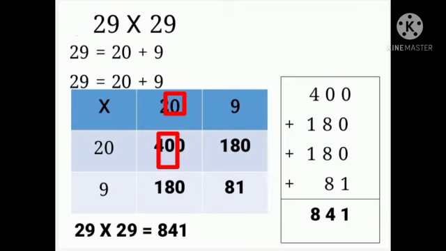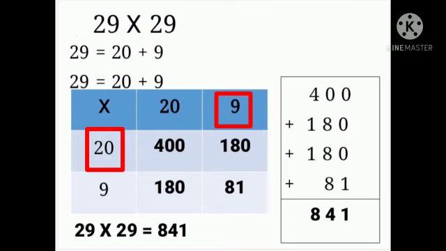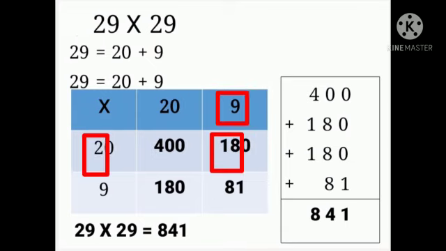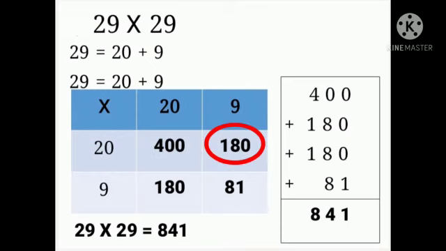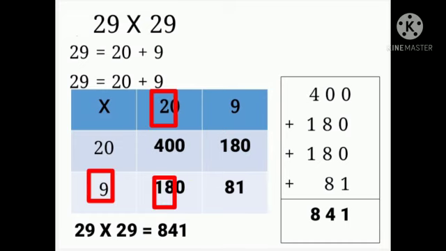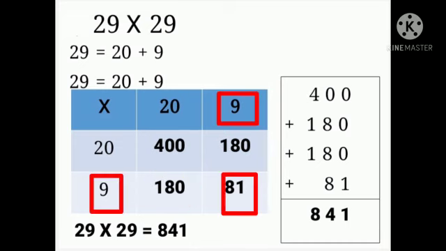Remaining numbers are 2 multiplied by 2, that is 4. 20 multiplied by 9. 1 0 of 20 we will write down, 2 9s are 18. So 180. 9 multiplied by 20. 1 0 of 20 we will write down, and 9 multiplied by 2 is 18. So 180. 9 nines are 81.